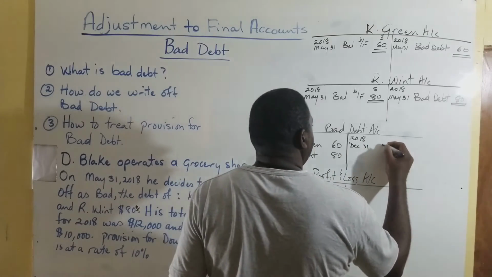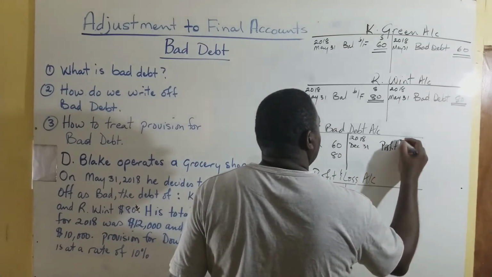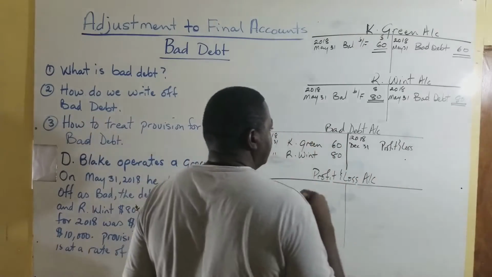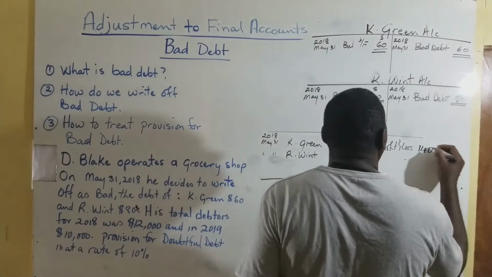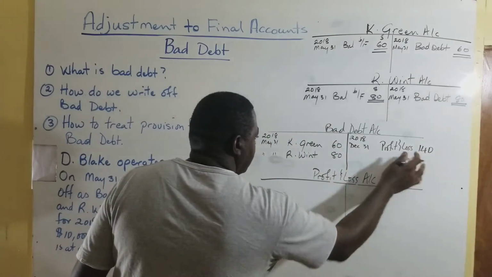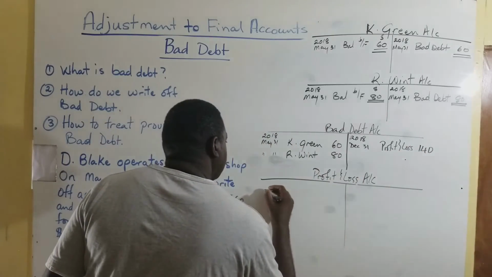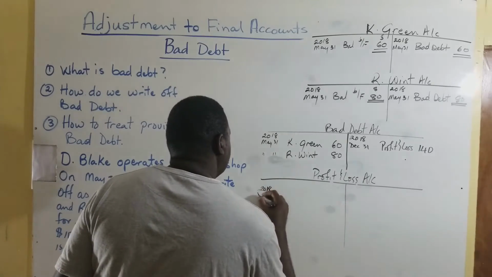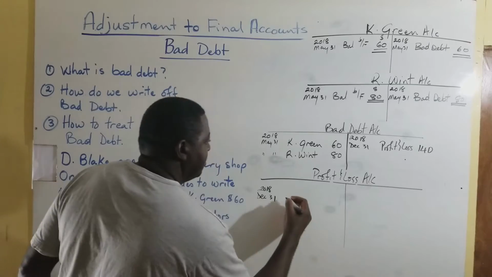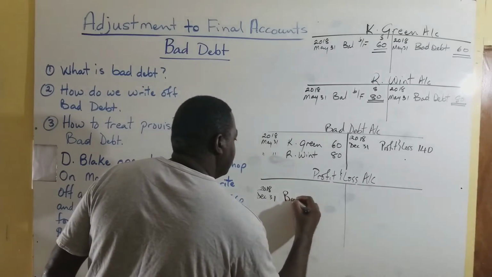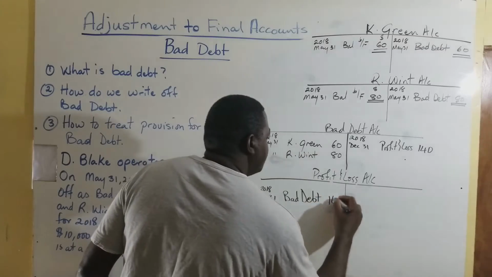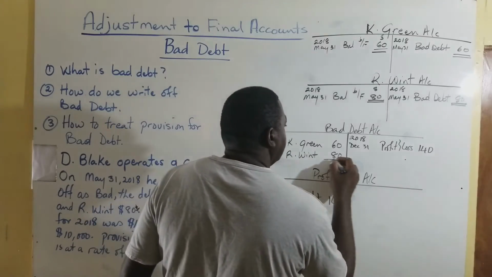Profit and loss of the total here would be $140, right? And then after having credited here, we're going to debit here, 2018, December 31st, and we have bad debt of $140. We can close this off.